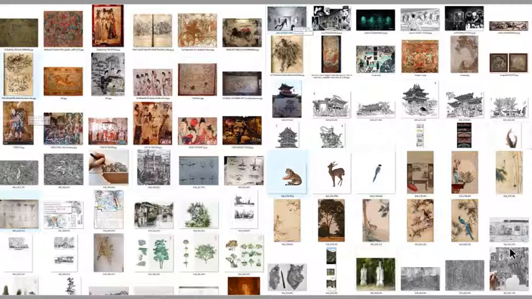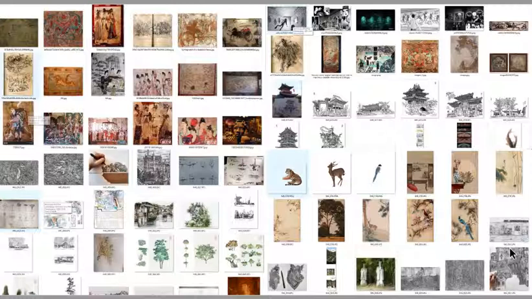Also, the old architectures are not saved, and no one protects them. So I think that many years from now, maybe we will have lost them.